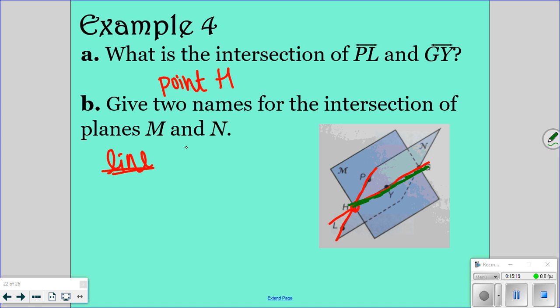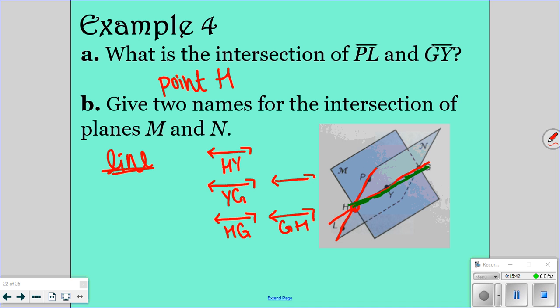And so you could say line HY or YH, line YG or line GY, line GH or line HG. Any of these 6 would be acceptable answers. So pick 2 of those, and that would be your answer.